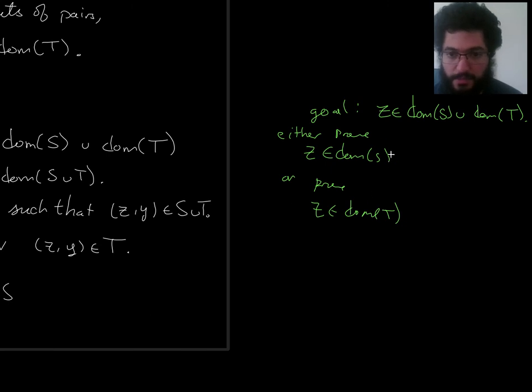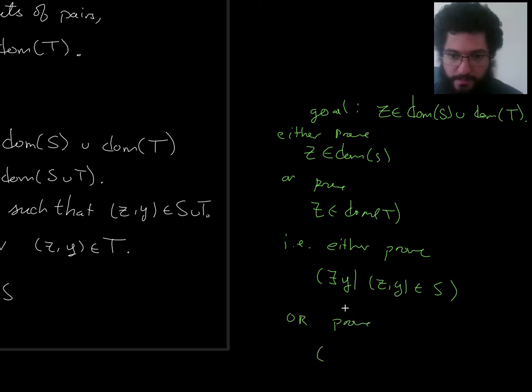So if I want to take this path to do it, either prove z is in the domain of S, which means prove there exists y such that the pair zy is in S, or prove z is in the domain of T, which means there exists a y such that the pair zy is in T. So I'm either trying to prove this existential or that existential.